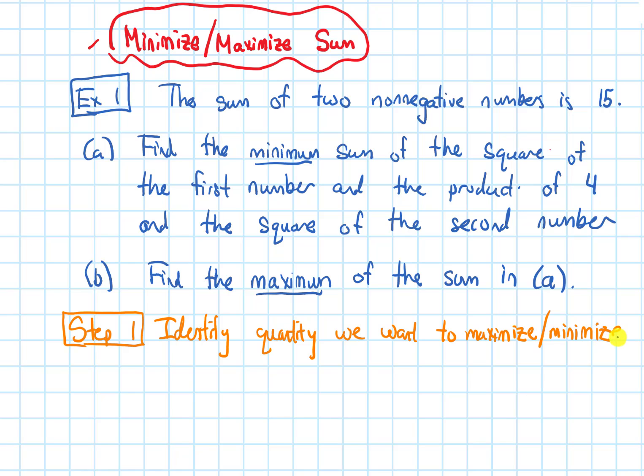In some optimization questions, we'll just be maximizing something. Sometimes we'll just be minimizing something. In this problem, we're going to do both. Okay, and this problem says there's this certain sum. So we're going to do it to a certain sum.